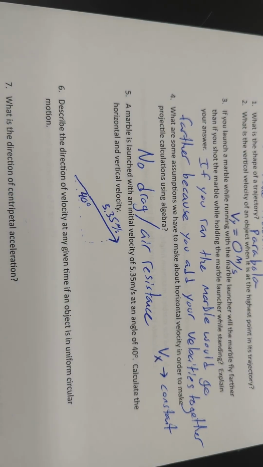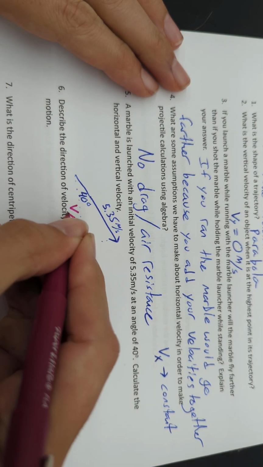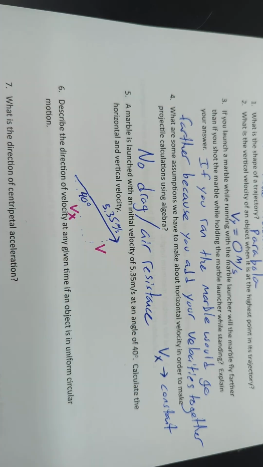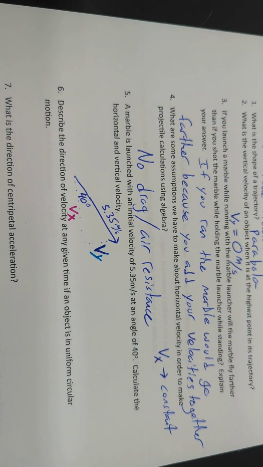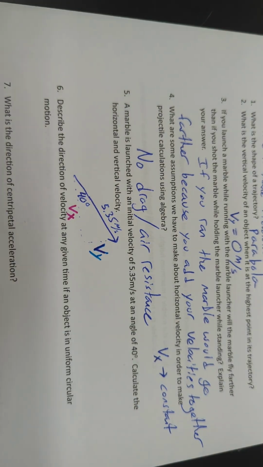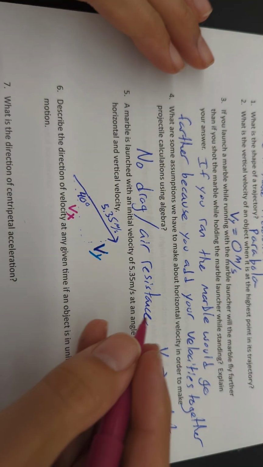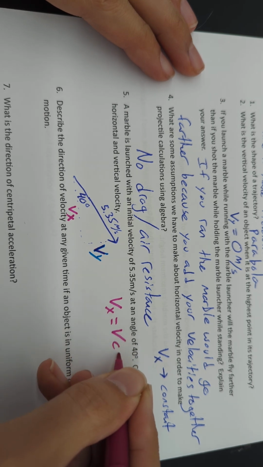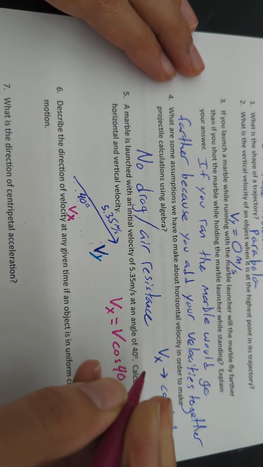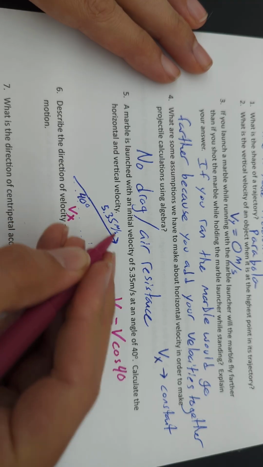So if we wanted to break this down into Vx and Vy, then Vx would equal your velocity times the cosine of 40 degrees. And your velocity is 5.35.